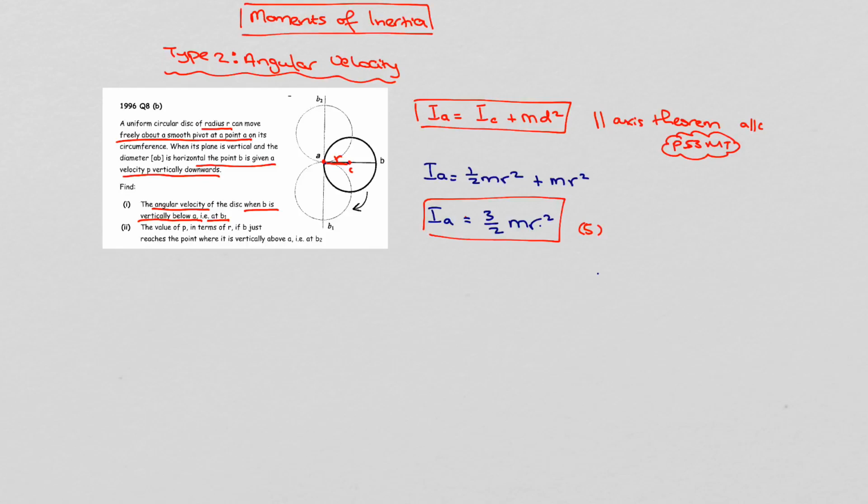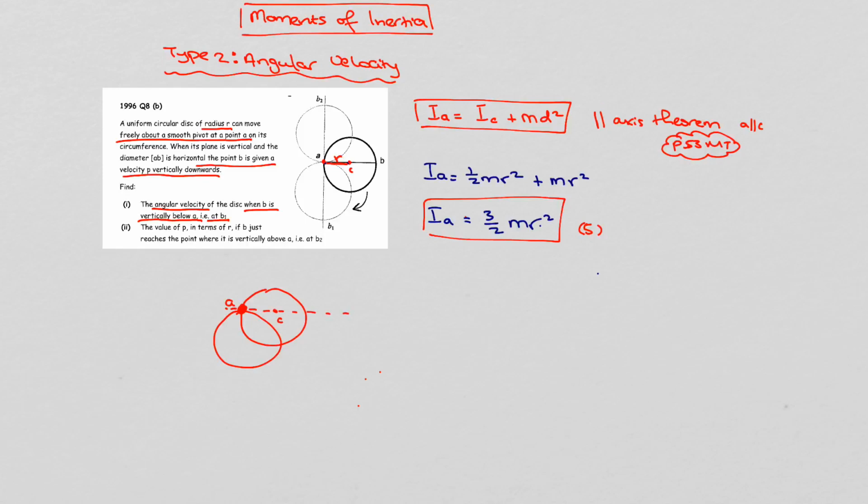So if we draw our starting and our end position as best I can, then we have something like this. That's our point A there.